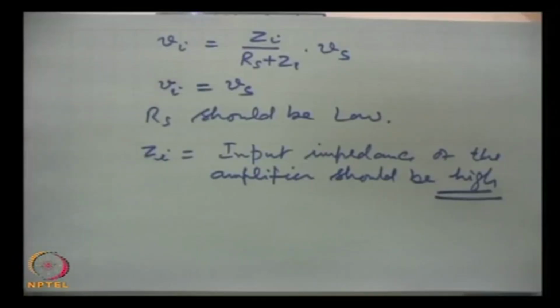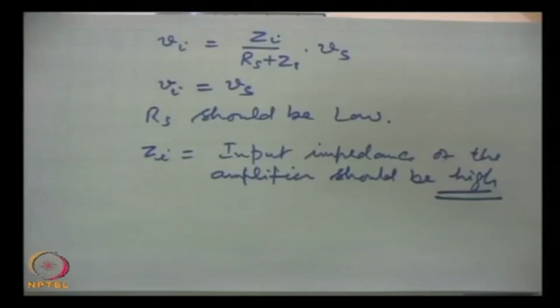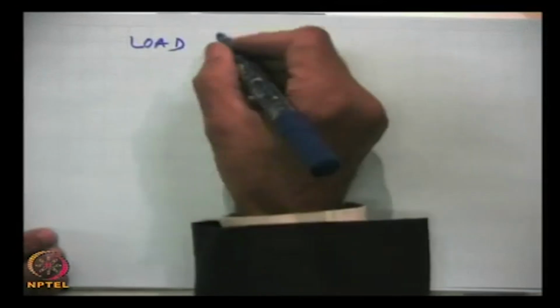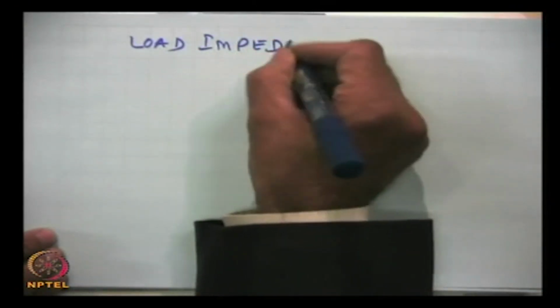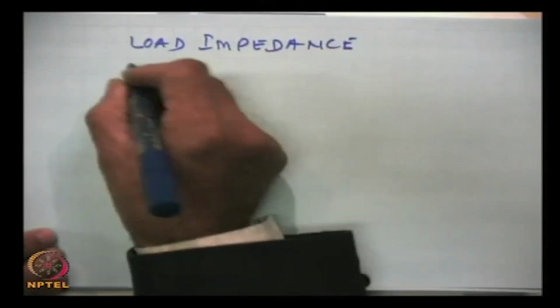This point we have been emphasizing so far, and it becomes very obvious here that for a voltage amplifier, input impedance should be high and output impedance should be low, and that point we shall take now, and that is the load impedance.